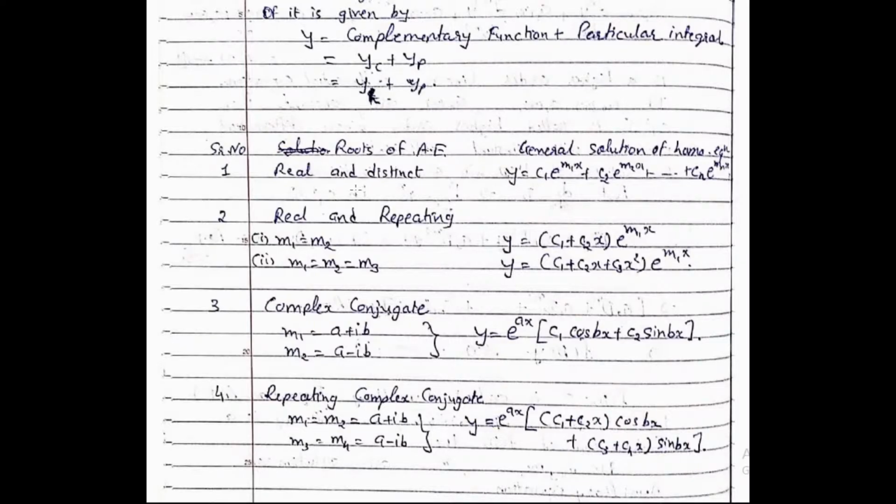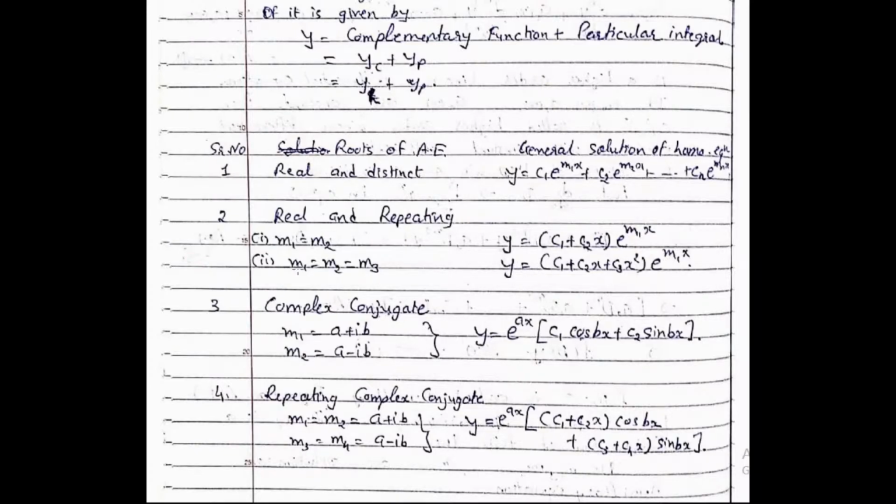Now instead of real and distinct, if the roots are real and repeating, suppose m1 and m2 are the same, then the solution is given by y equal to (c1 plus c2 x) into e^(m1 x). If it is repeated 3 times, m1 equal to m2 equal to m3, then the general solution is given by (c1 plus c2 x plus c3 x^2) into e^(m1 x).